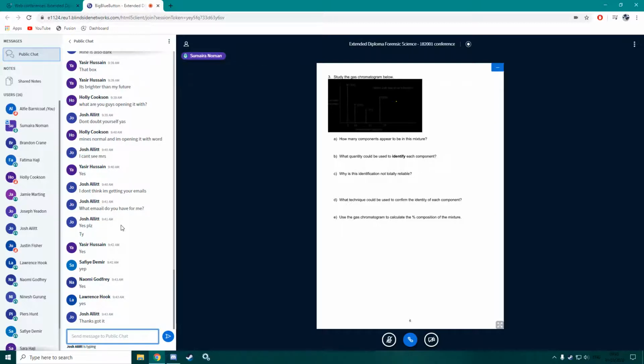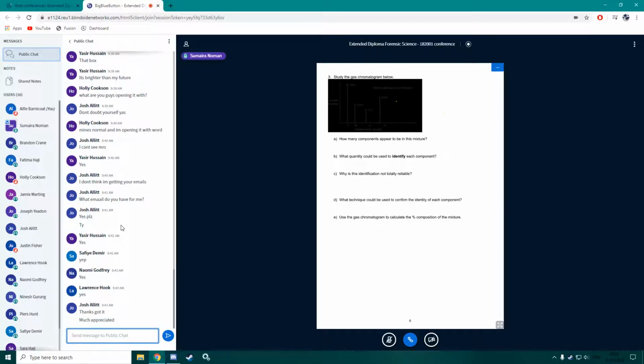Right, so everybody knows what they're doing. Let me reiterate what I want you to do. I want you to try these questions, and you can go back over our shared notes, and especially the bottom, which is question E, which is kind of how to do question E. So question 2 on the previous page is how to do part E. Have a go at those, and then I'll come back to you.